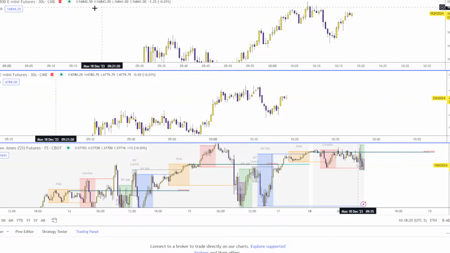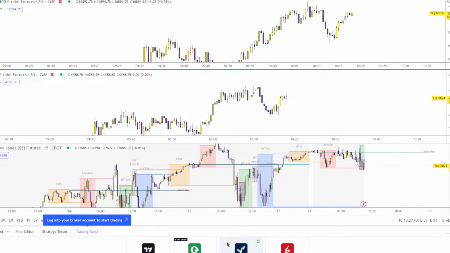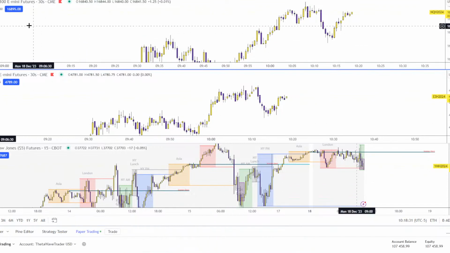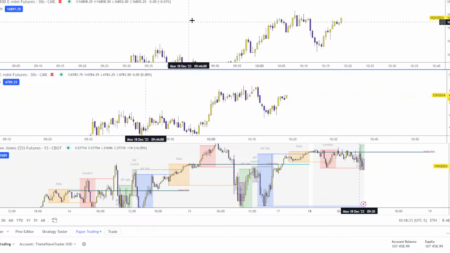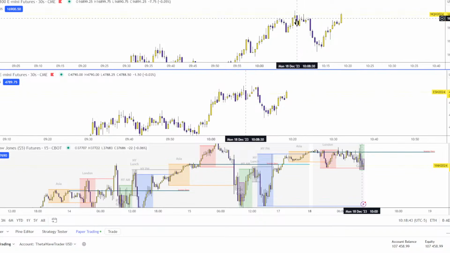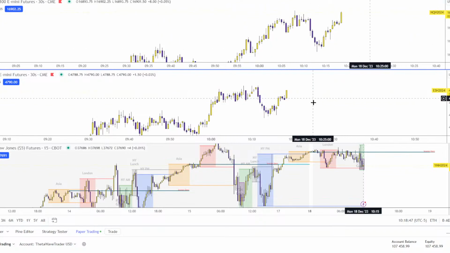You could say log into your broker, paper trader. Okay, we're well through this order block now. Well through those. More upside.